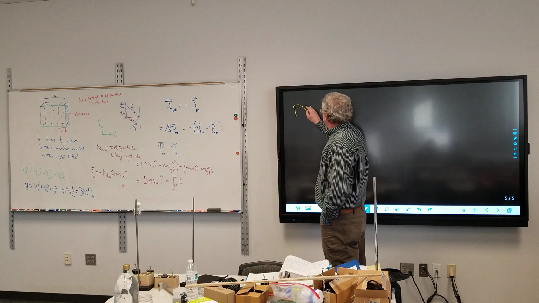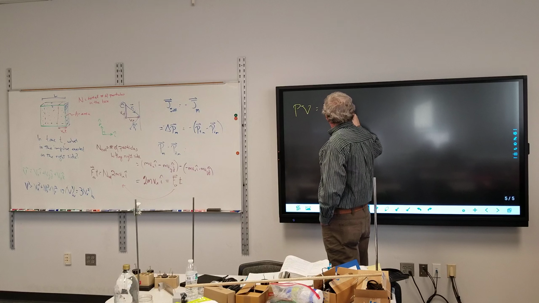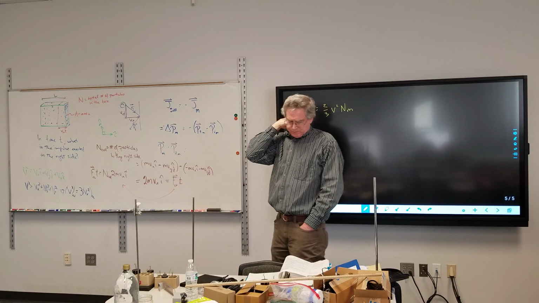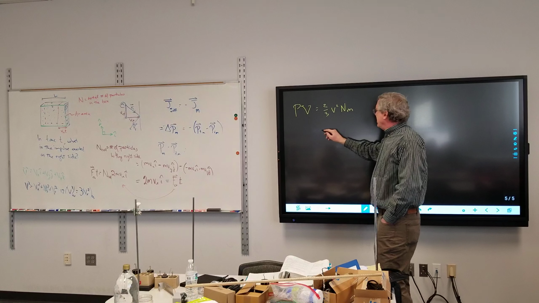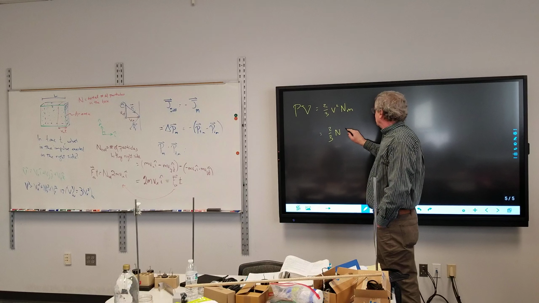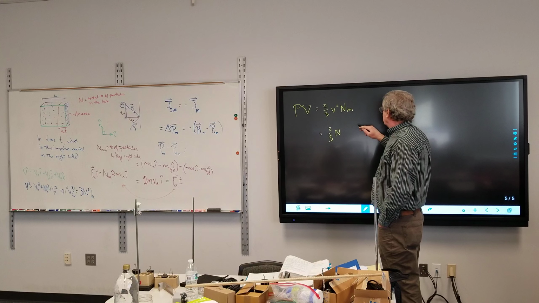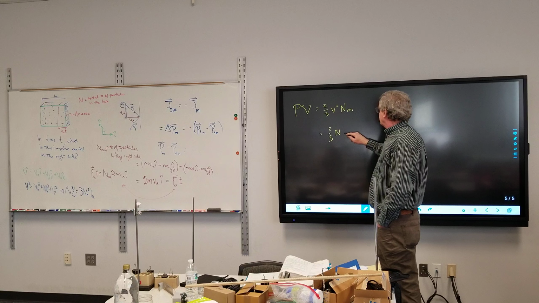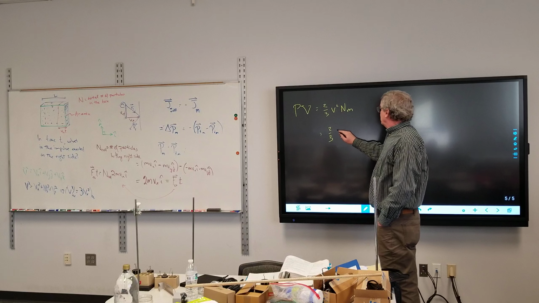I get PV equals 2/3 v squared N L. Well, actually, as a matter of fact, I get 2/3 N times 2/3 v squared.